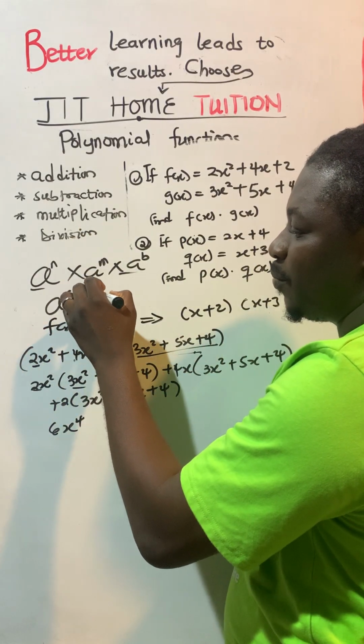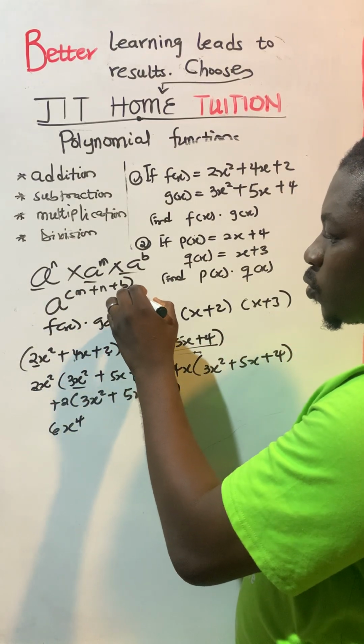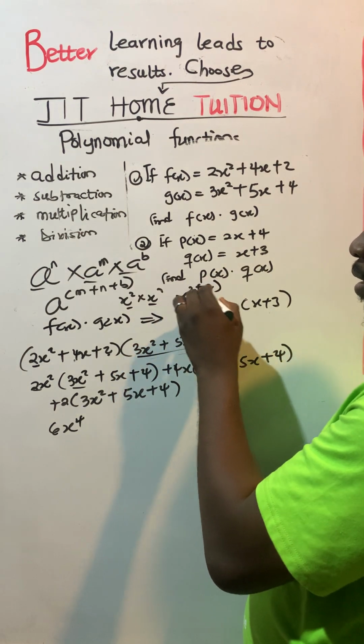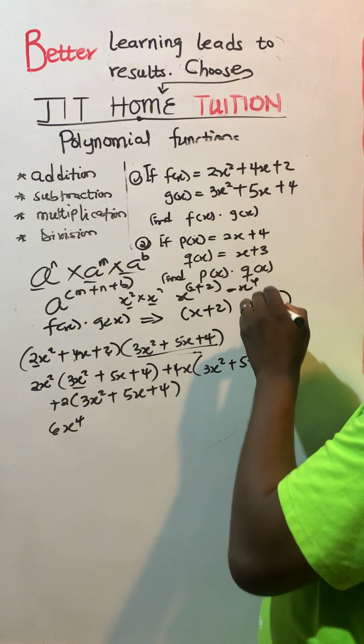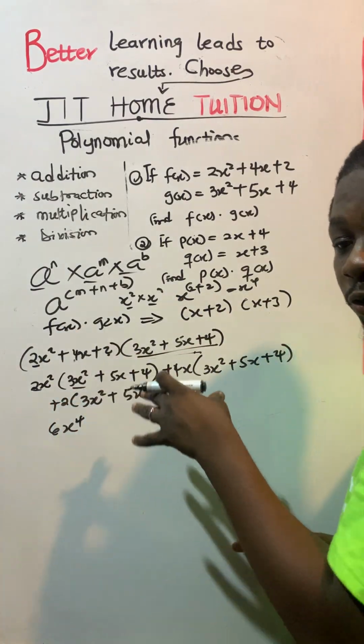So you have m plus b. So what is happening here is that you have x squared times x squared. The bases are the same, so I write one of them, then add the powers, and that will give me x raised to the power 4. That same understanding is what you are using to solve what you have over here.